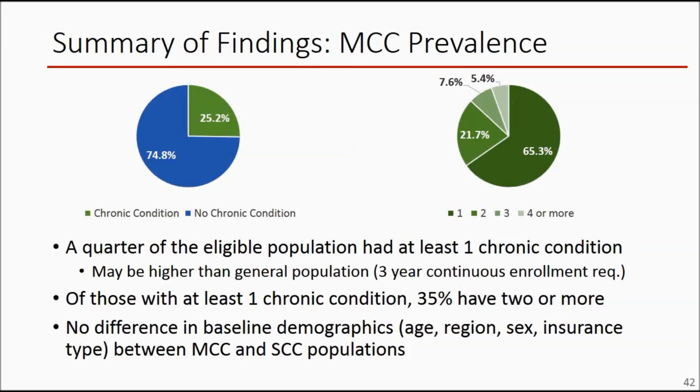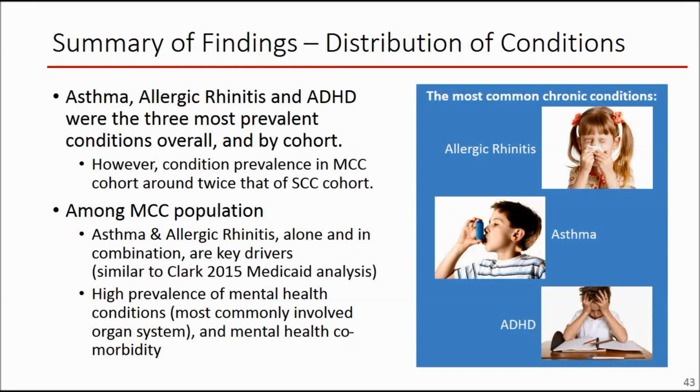So it's a substantial proportion of the pediatric population. There were no differences in baseline demographics between children with multiple chronic conditions and a single chronic condition. As far as the distribution of conditions, asthma, allergic rhinitis, and ADHD were the 3 most prevalent overall and by cohort, although the prevalence of each of those conditions was different and sometimes double in the MCC cohort than in the SCC cohort.